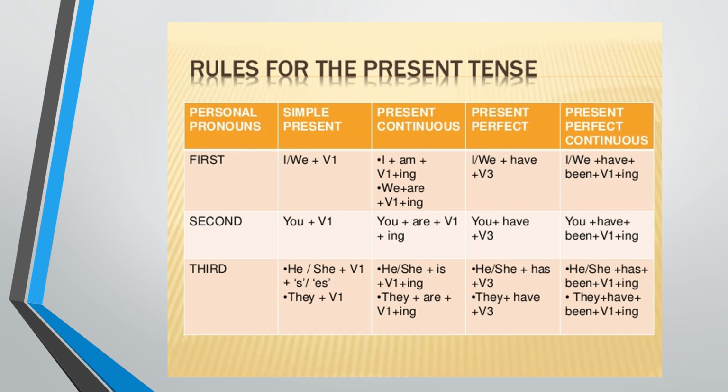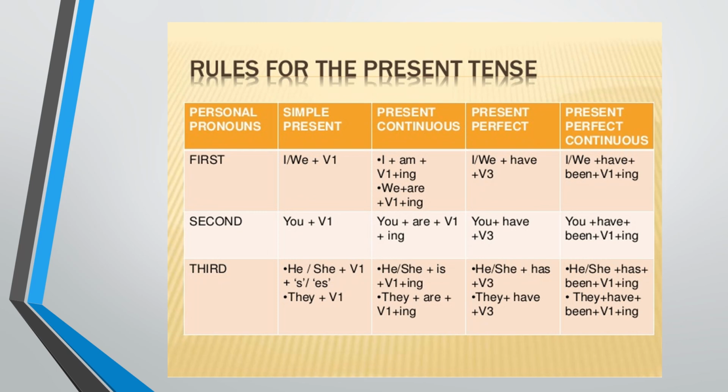In case of third person pronoun he or she, has and third form of the verb or past participle will be used. Or if it is plural pronoun like they, you will use have and third form of the verb or past participle here.